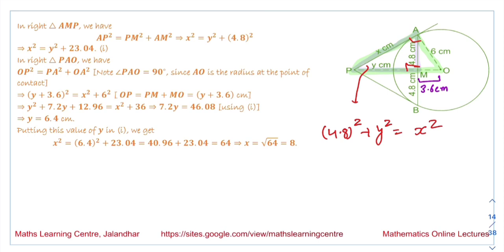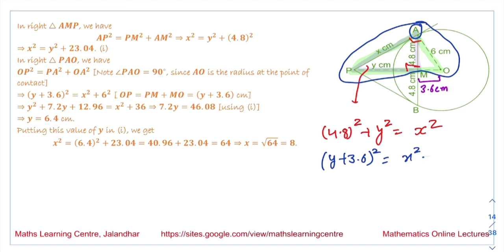And from this larger triangle APO, which is right angled at A, we have (y plus 3.6) square equal to x square plus 6 square.